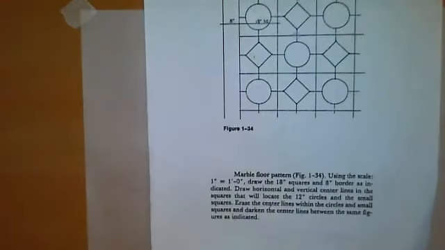As we continue to read the instructions, it says draw horizontal and vertical lines in the squares that will locate. No, that's not what I want to do. I want the next one: draw 18-inch squares and 8-inch border as indicated.